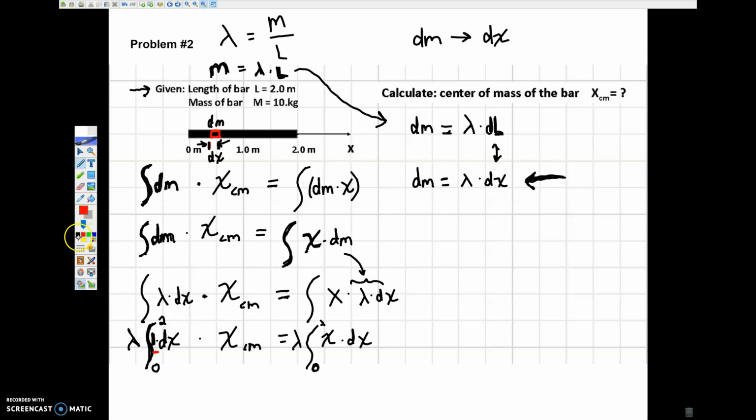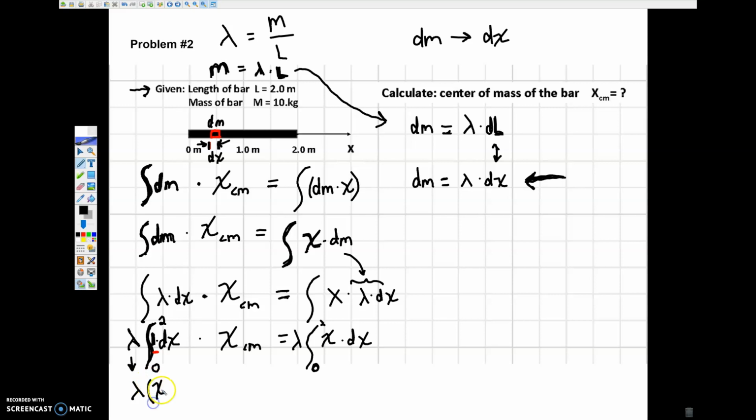And the antiderivative of 1 would just be x. So it's going to be lambda. There's that lambda right there. But then the antiderivative of 1 is an x.